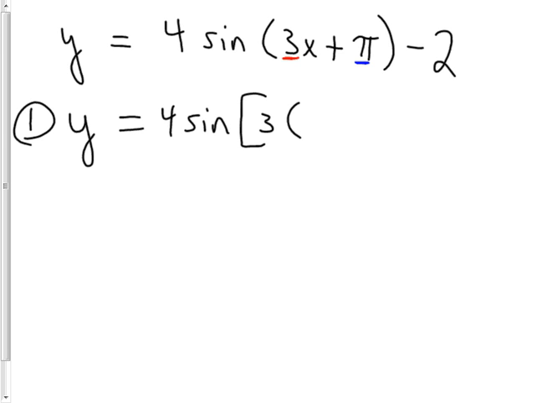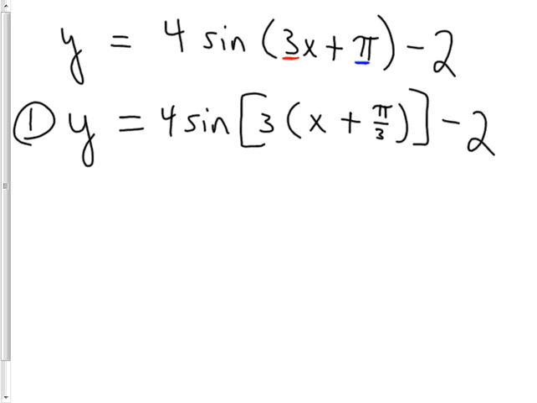So to get it back to 3x, I would just have to put x right there, plus, and to get back to pi, I would have to put pi over 3 in there. Then minus 2. So you need to make it fit that form for some different reasons. It helps you better identify all the different values you have in there, and you'll make fewer mistakes if you make it fit that form.